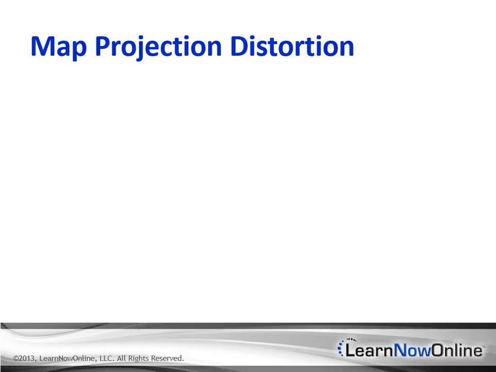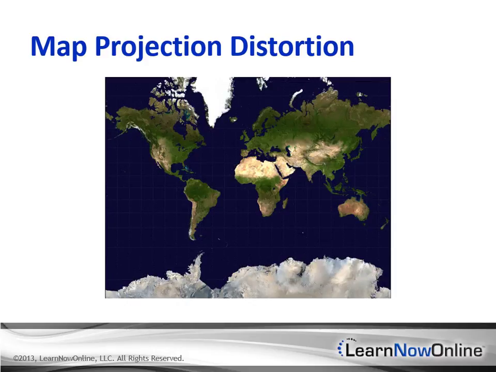Now, to understand the projection problem with displaying geographic data on a flat surface, consider this image. This image uses a Mercator projection, one of many ways to project the surface of the spherical Earth onto a flat planar surface. This particular projection distorts the sizes of land masses, but retains their overall shape.